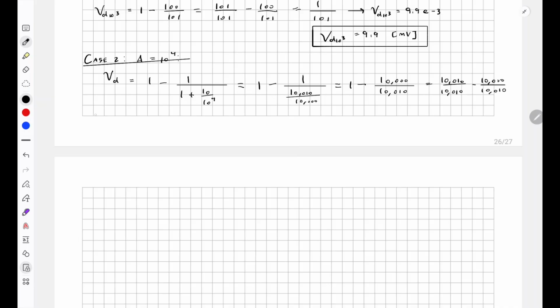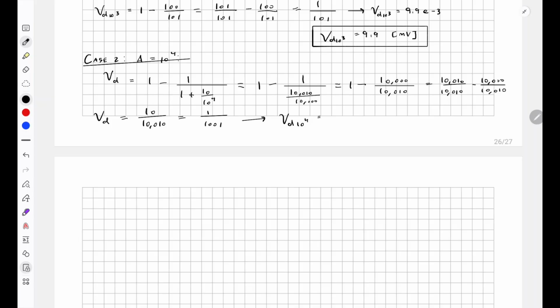This is to make the denominators the same, so we can perform subtraction. Then it becomes 10 divided by 10,010, which is equal to 1 divided by 1,001. We still need a calculator for this. So VD in the 10 to the 4th case is equal to 1 divided by 1001.